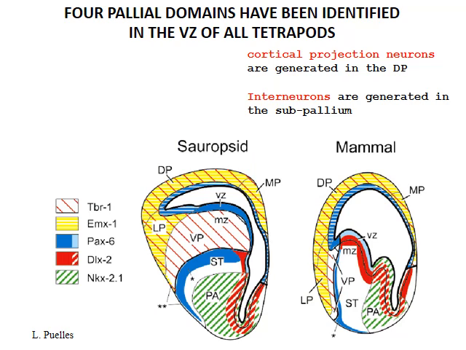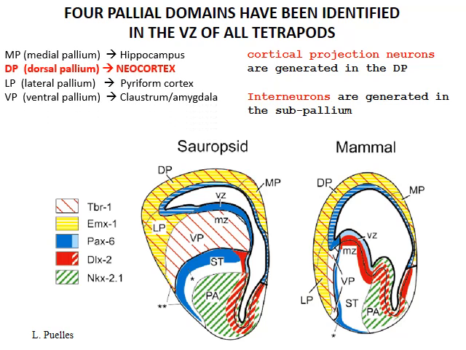In the telencephalon of all tetrapods, multiple progenitor domains can be identified in the ventricular zone. Neocortical interneurons are generated in the subpallial ventricular zone, and in particular in this NKX2.1 region, and from there they migrate tangentially to reach their final destination in the cortex.